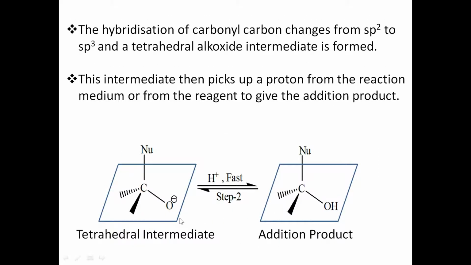Okay. Now this tetrahedral intermediate then picks up the proton. It takes the proton from either the reaction mixture or from the reagent and gets converted into OH. So addition product is formed. Is it okay?